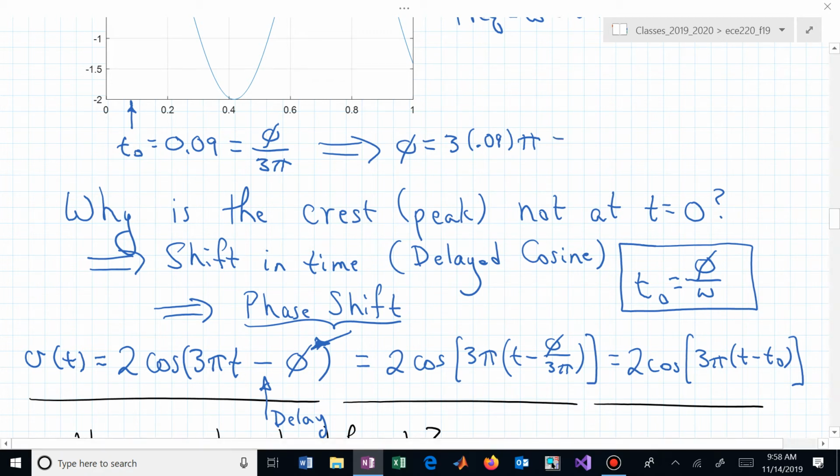This is giving me 0.27 pi, but in fact in MATLAB that was pi over 4, or 0.25 pi. So my eyeballs were a little off, but let's just say this is now pi over 4, or 45 degrees. Our phase shift now was a delay of pi over 4, or 45 degrees.